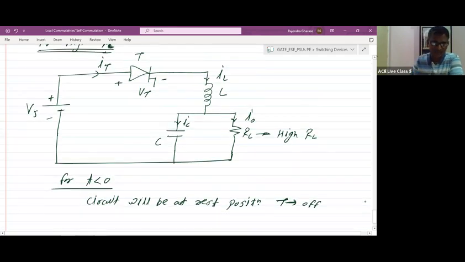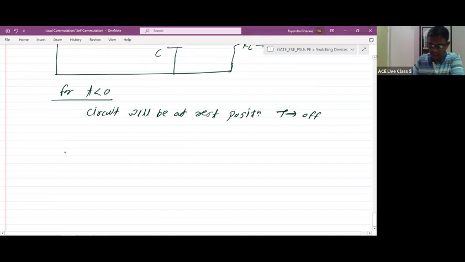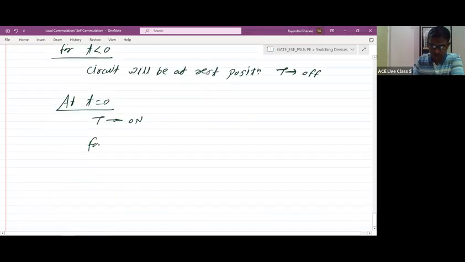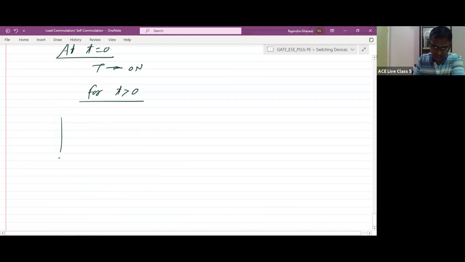Next, at t equal to 0, thyristor is turned on. So as soon as the thyristor turns on, what will happen? Current will flow from source, thyristor, inductor, capacitor, and some part of the inductor current will be flowing through the load. For t greater than 0, if we draw the circuit, it will be like this.